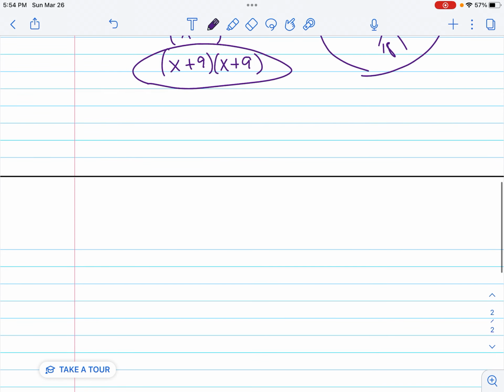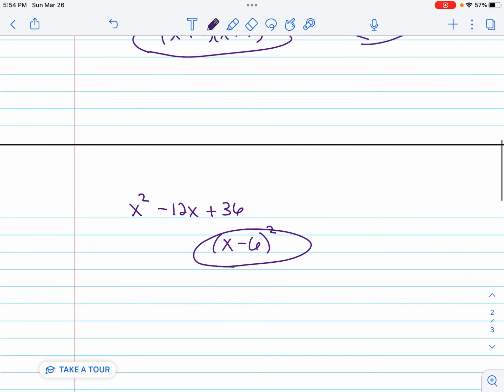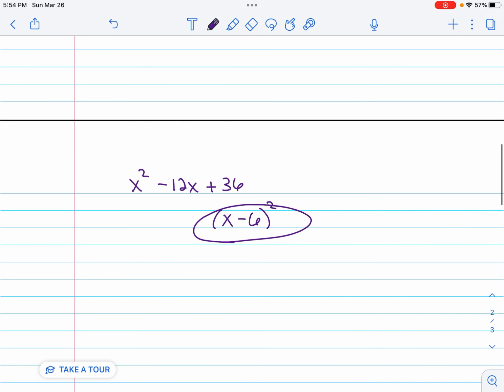If I asked you to factor x squared minus 12x plus 36, hopefully you'd recognize that 6 is half of 12, and it's also the square root of 36. So your answer would be x minus 6 squared. Let me give you a couple practice ones first.